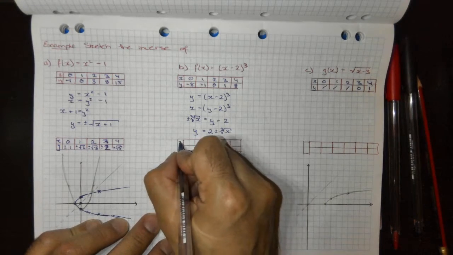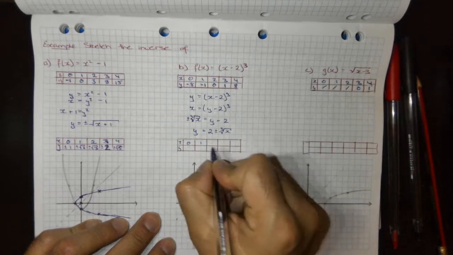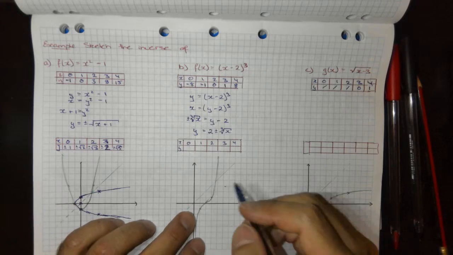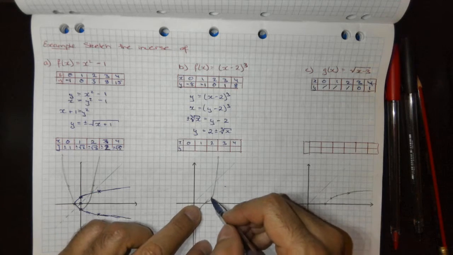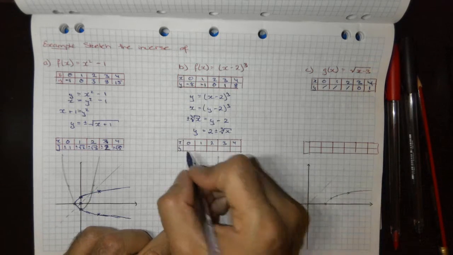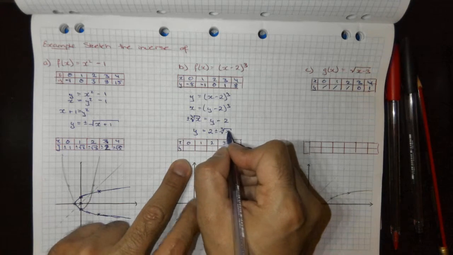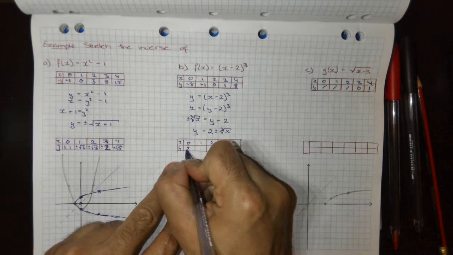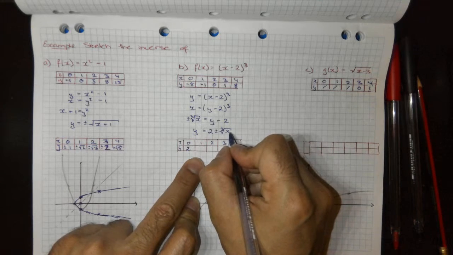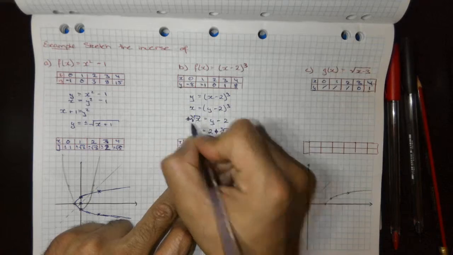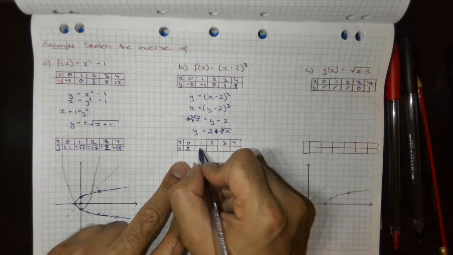Plotting some points, because we're going to reverse it around here. So the cube root of 0 is just 0, so that's going to be 2. 2 plus 1 is 3.